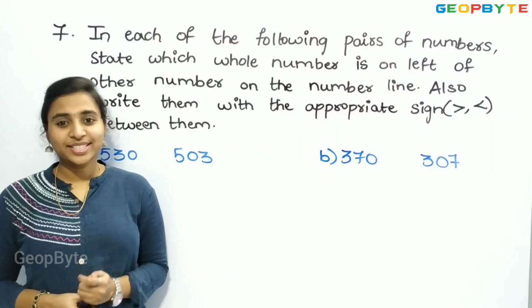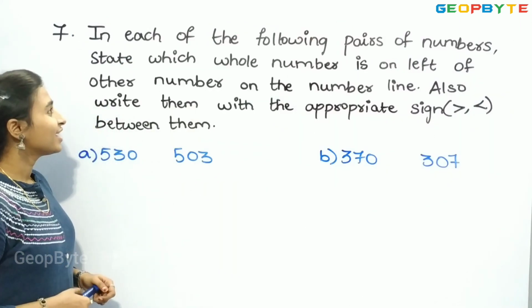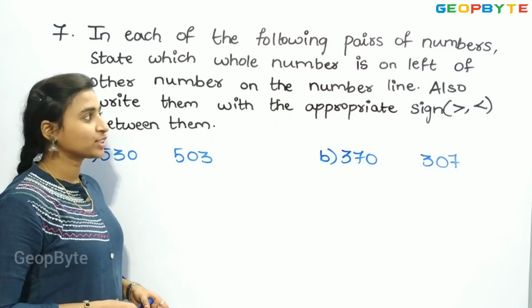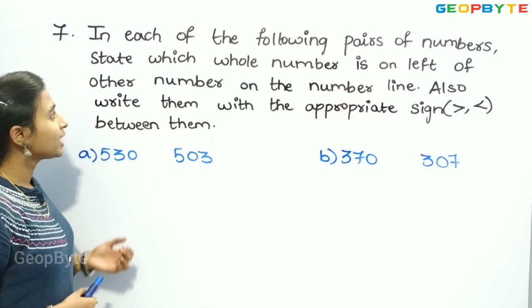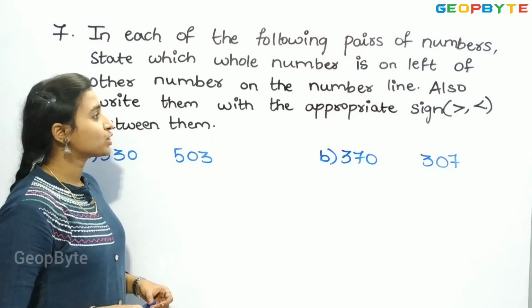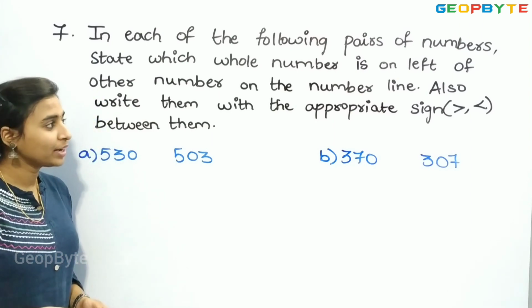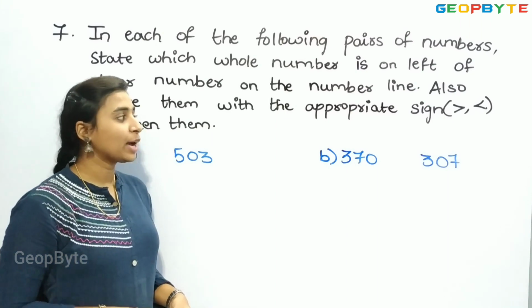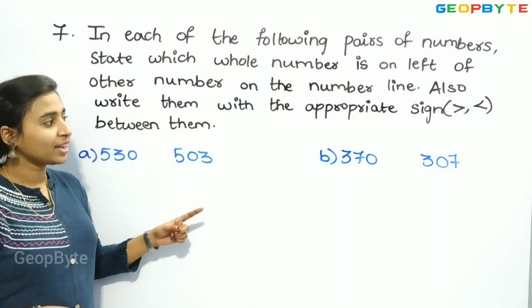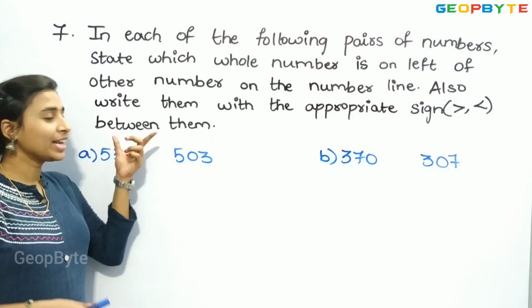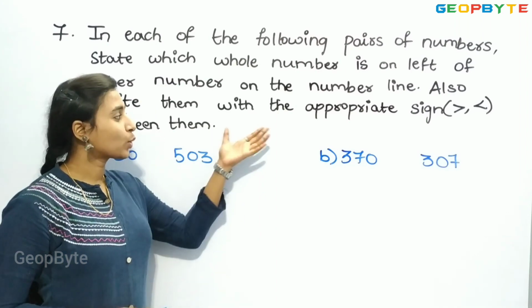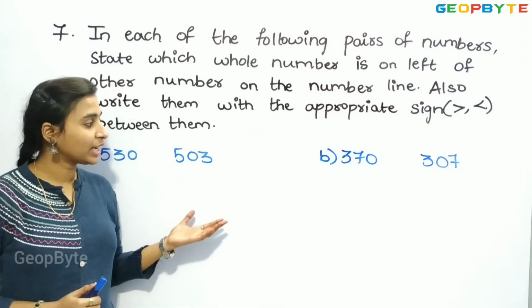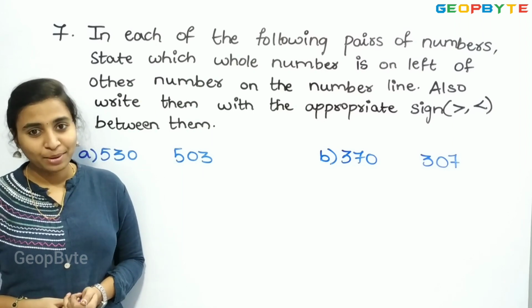Now let us see 7th question. In each of the following pairs of numbers, state which whole number is on left of the other number on the number line. Also write them with the appropriate sign, greater than or less than, between them. Below we are given 4 pairs of numbers.